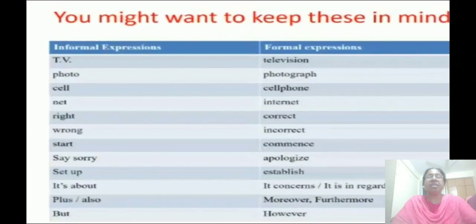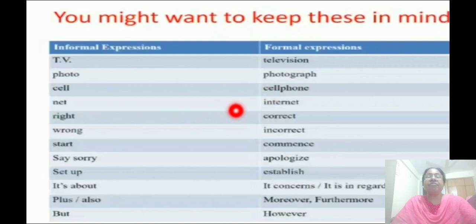Now we have here some words that you can keep in your mind for informal and formal expressions. So go through this carefully. For example, in a formal letter we would not write TV, but we should write television. For photo, we can use photograph.